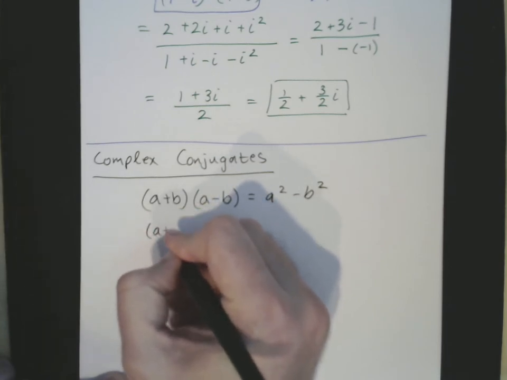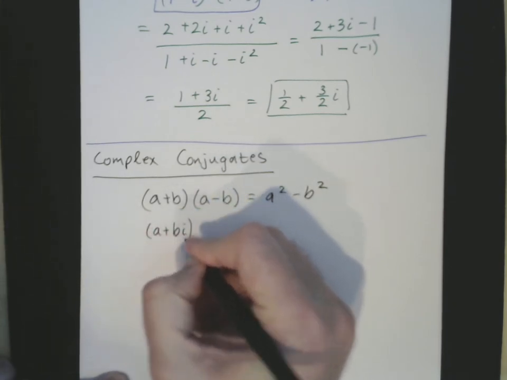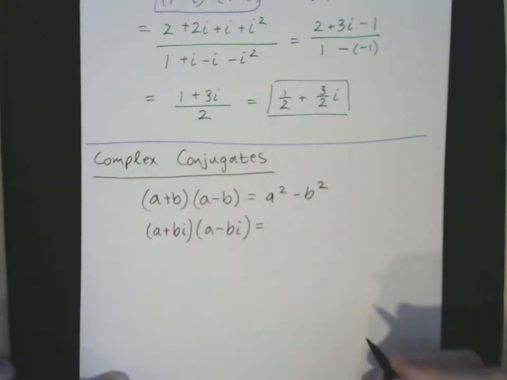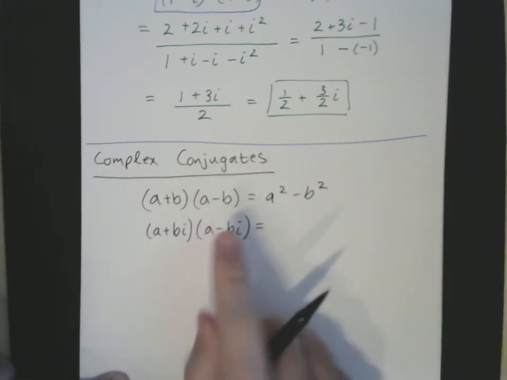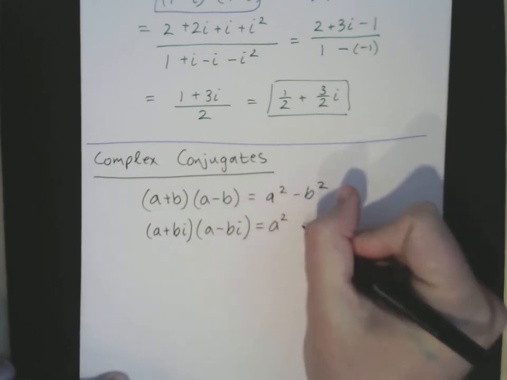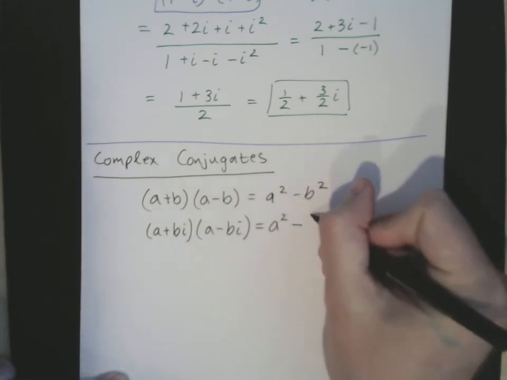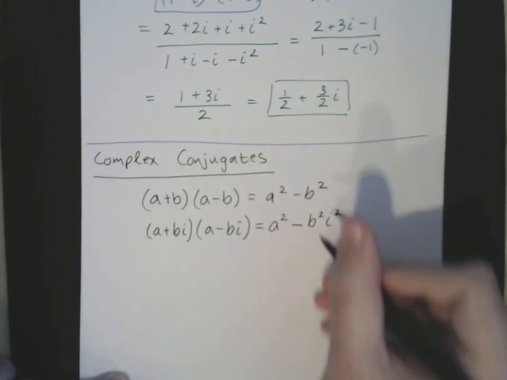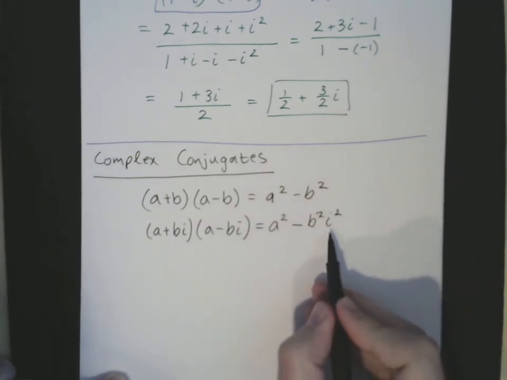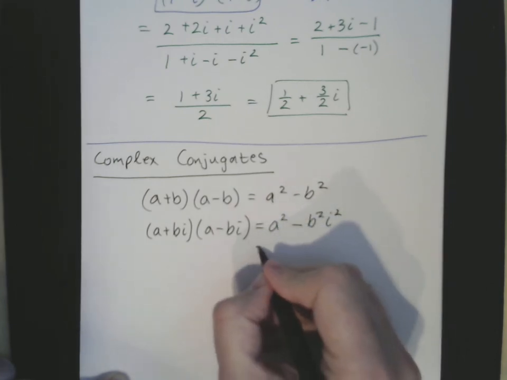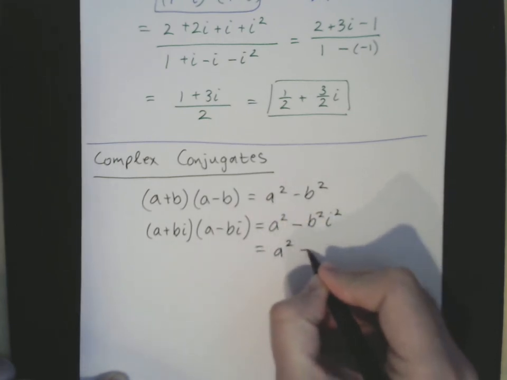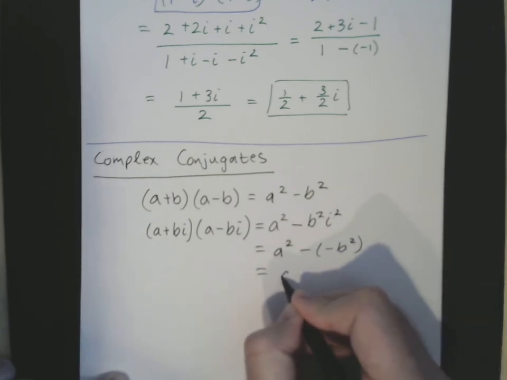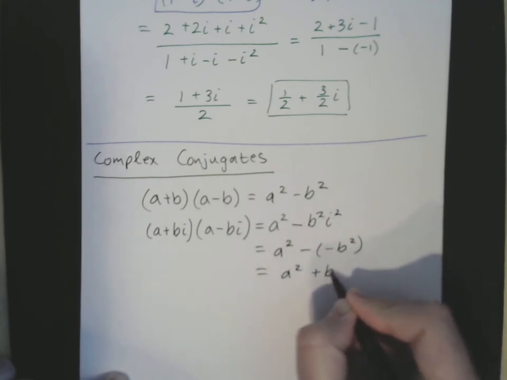Now if we have complex a plus bi times a minus bi, it doesn't change. a times a is still a squared. It's still going to be minus, and now it's going to be b squared i squared. But i squared is just negative 1. So this becomes a squared minus a negative b squared, or a squared plus b squared.